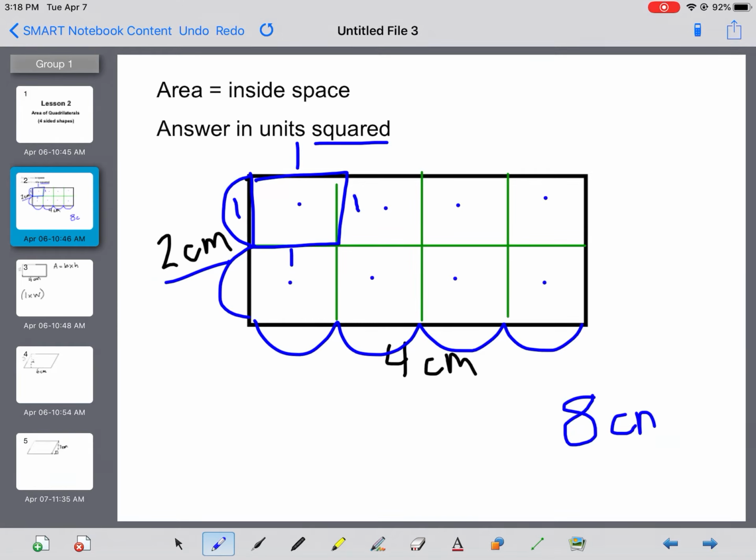So we have 8 of these little squares that are 1 centimeter by 1 centimeter. So our area can be expressed as 8 centimeters squared. Okay, and we need to have a little 2 up here to represent that our units are squared. We have square centimeters or square kilometers, miles, whatever you are working with. You have to have the squared symbol in your answer for area.